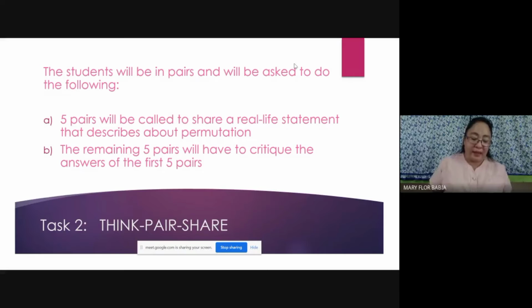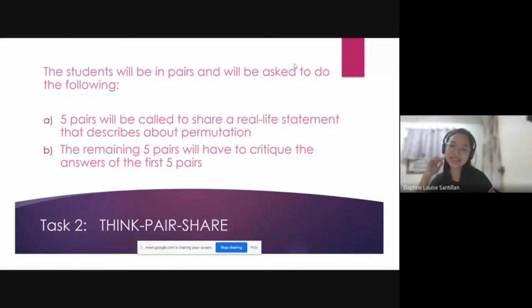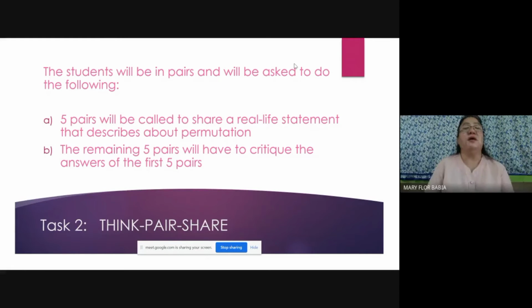Is that correct? Is it an example of permutation, Daphne? Yes, ma'am. It is an example of permutation, because based on my understanding, it has order, ma'am. Okay, very good.